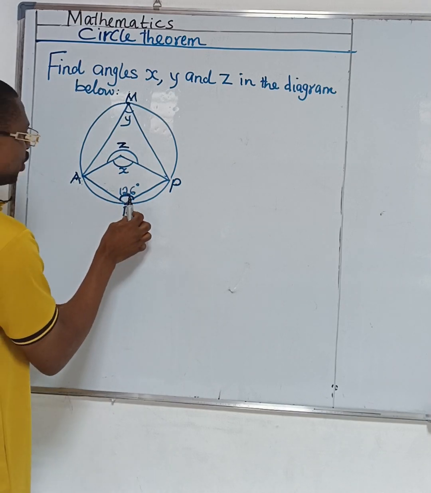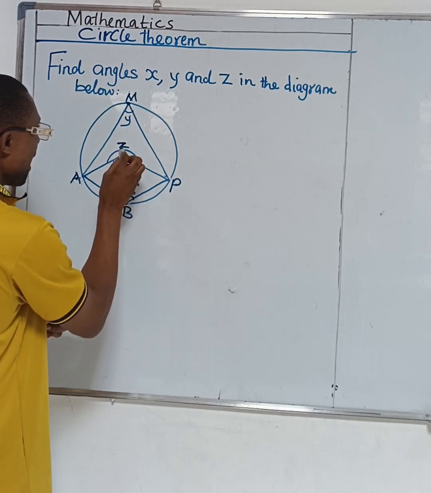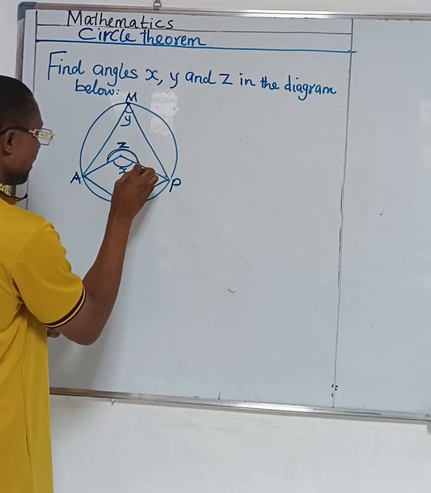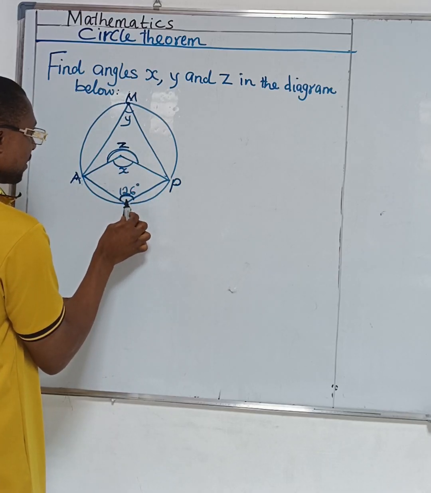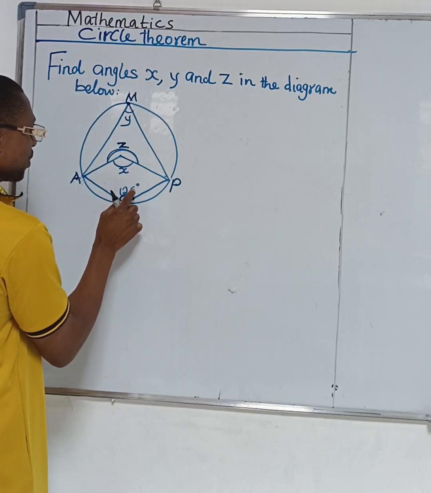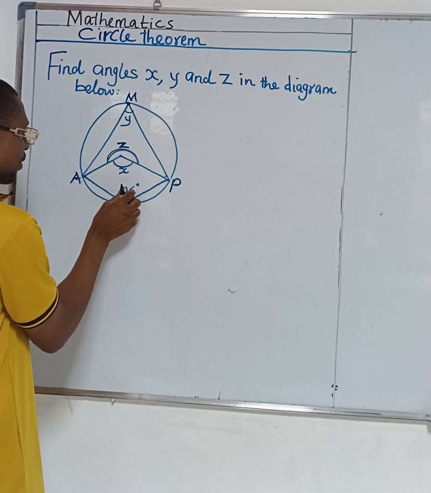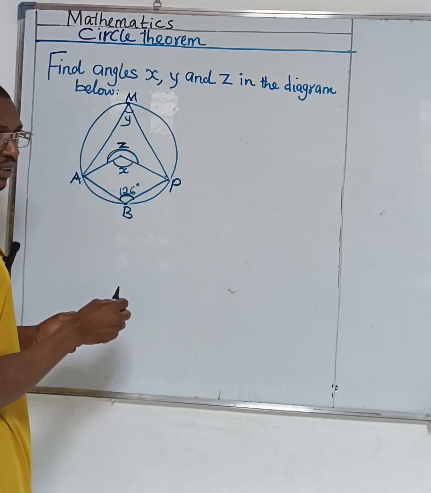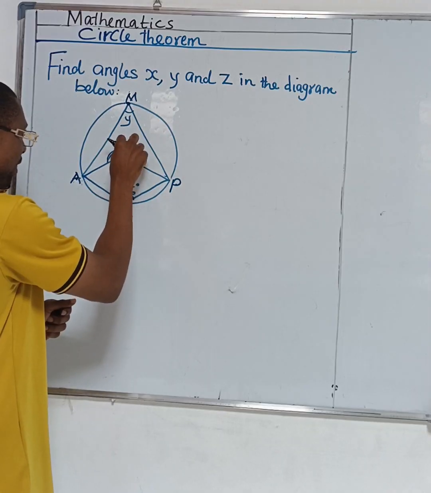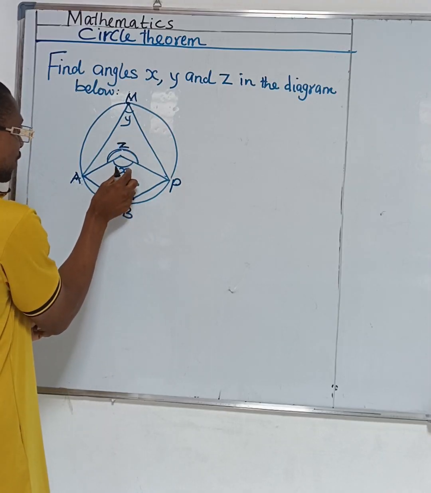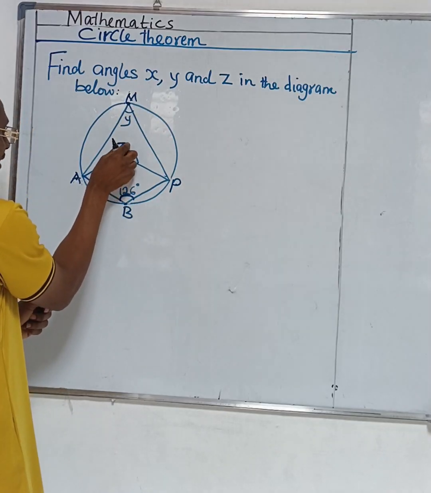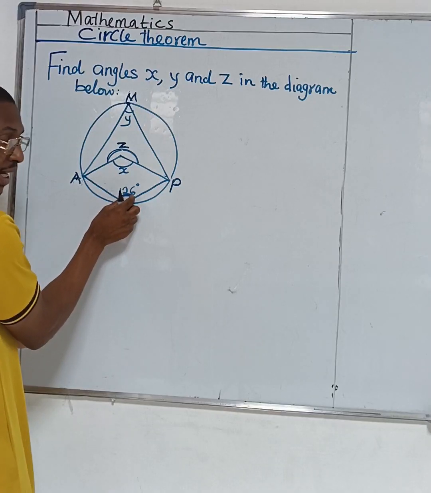And remember, there's a theorem that states that the angle at the center is twice the angle at the circumference of the circle. What does it mean? That if you multiply this angle by 2, you get this angle. Remember, this place is a center. This one is also a center to this one, and this one is a center to this angle. You get it now.